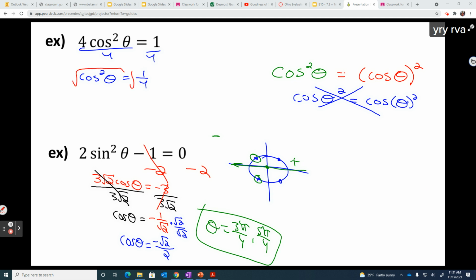So square root both sides. The square root of cosine squared is just cosine. Now when you take the square root of a fourth, you take the square root of the top and the square root of the bottom. We also need the plus or minus there as well. So plus or minus, square root of 1 is 1, square root of 4 is 2. So it's plus or minus 1/2.